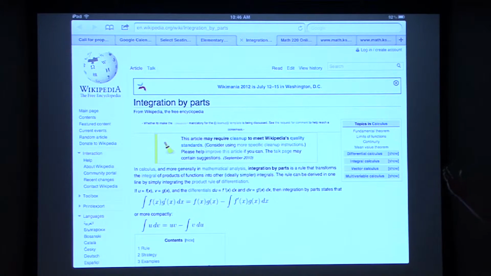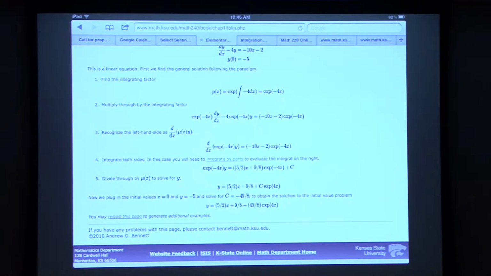And Wikipedia always has the clearest answer for you. But you can put that in there for them to say, okay, you want to see multiple examples. You need to look at old things. That's not something you can do with a PDF file, to have it generate additional examples for things.